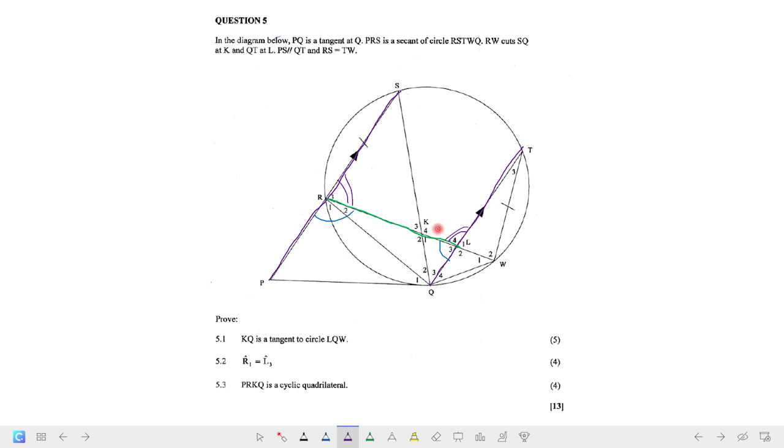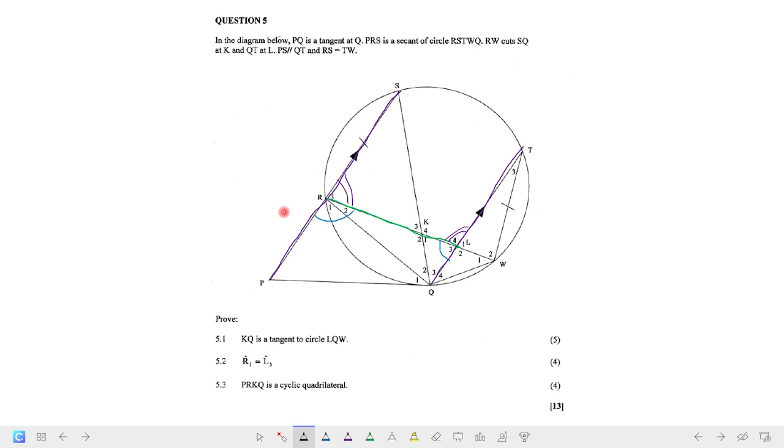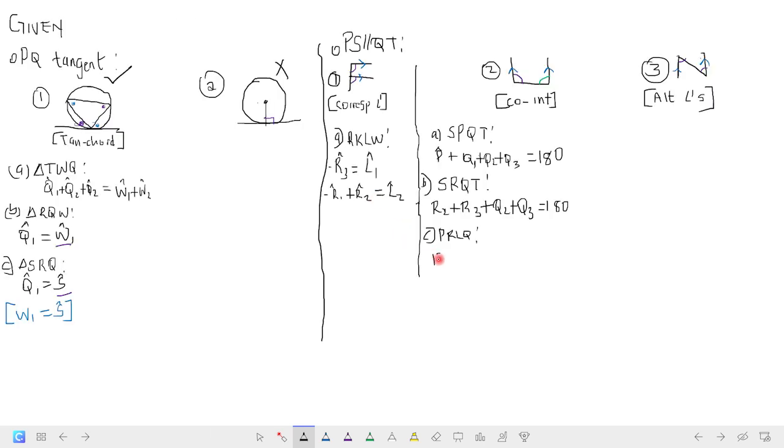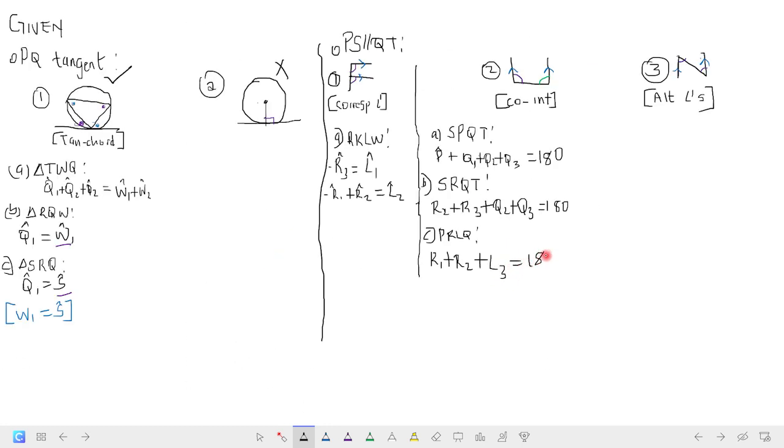I'm going to start off with the one at the bottom, which is PRLQ. Now in PRLQ I can see that R1 plus R2 plus L3, they all sum up to 180.